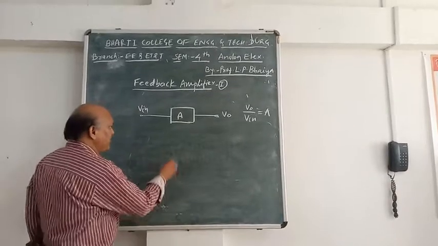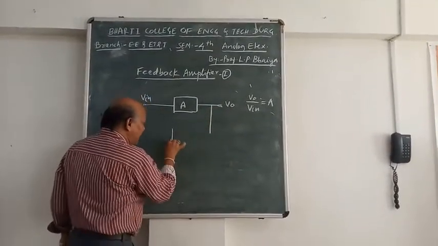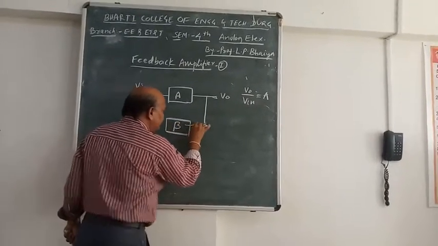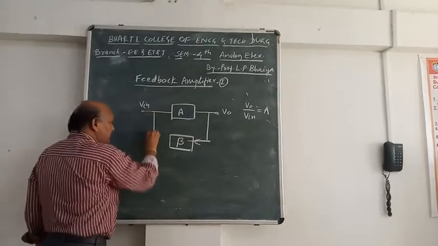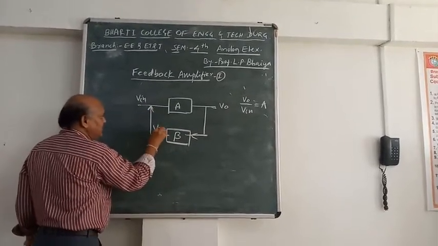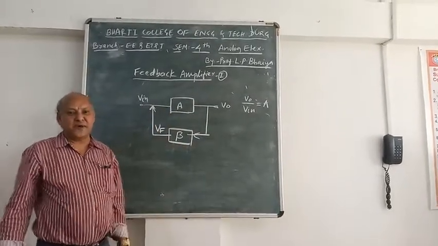And a feedback amplifier is just to take the output sample, apply it to the feedback circuit having a feedback factor beta, and then apply the output voltage of the feedback, that is Vf, to the input. Now this becomes a feedback amplifier.